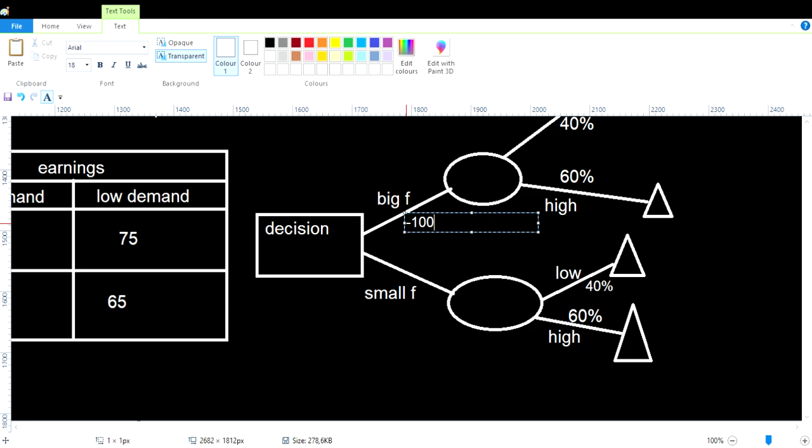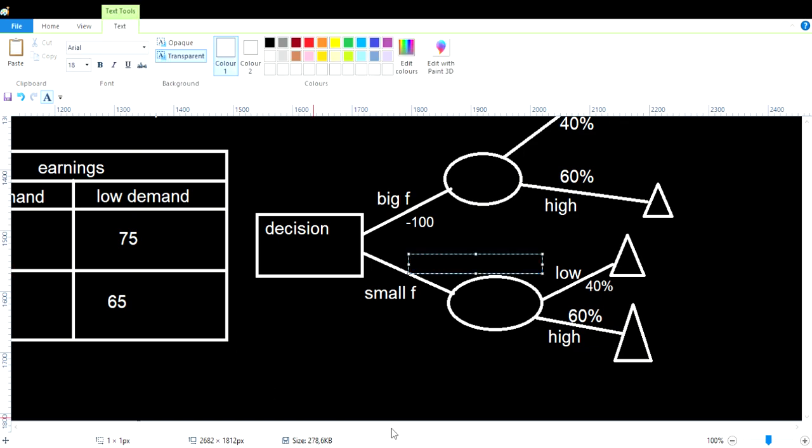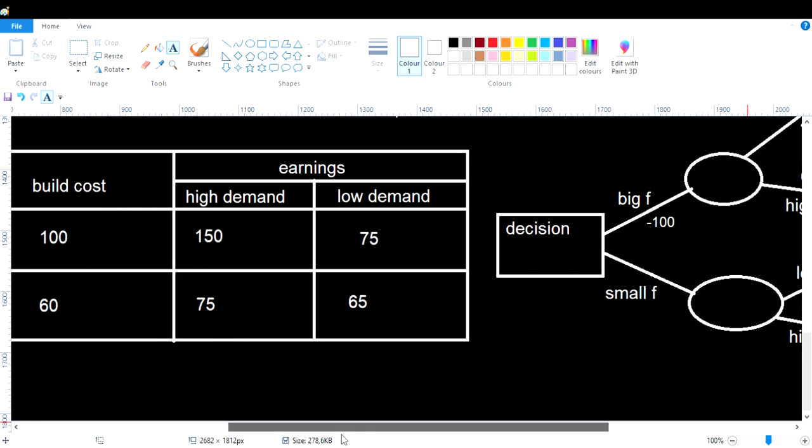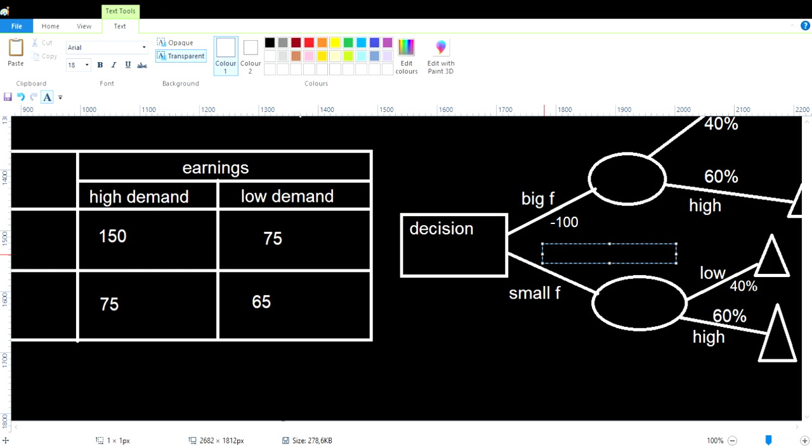And then the cost to build a small factory is 60 million. That's right here, minus 60.